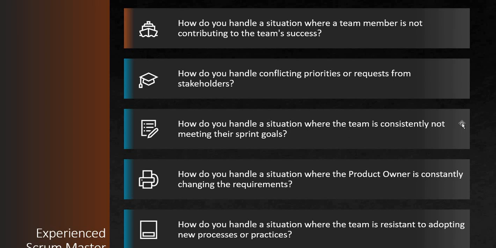Additionally, I would facilitate a retrospective to continuously evaluate the effectiveness of the new process or practice and make adjustments as needed. These are a few questions that are very common for the Scrum Master interview.